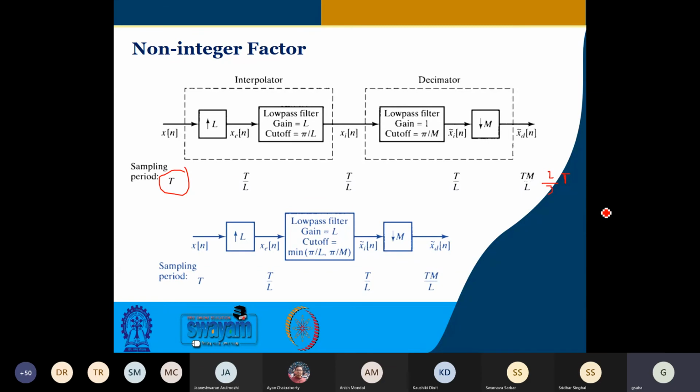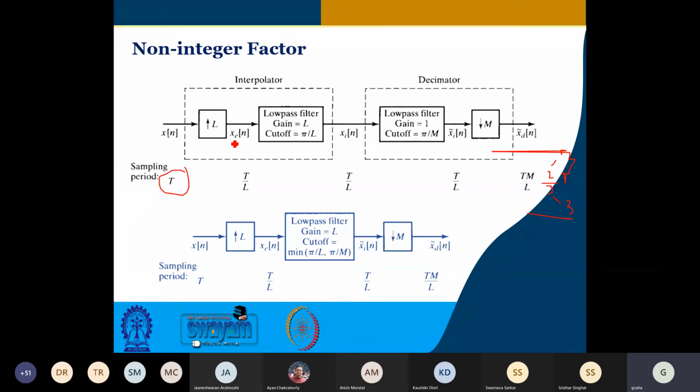Have you got my question? I'm giving you an example also: M is equal to 2 and L is equal to 3. So we want to convert the rate. Here one approach is shown where first we interpolate, that means we upsample by a factor of 3.